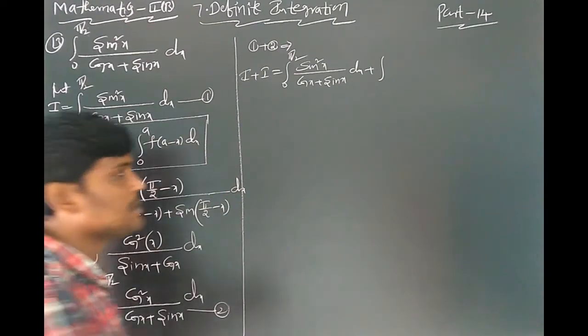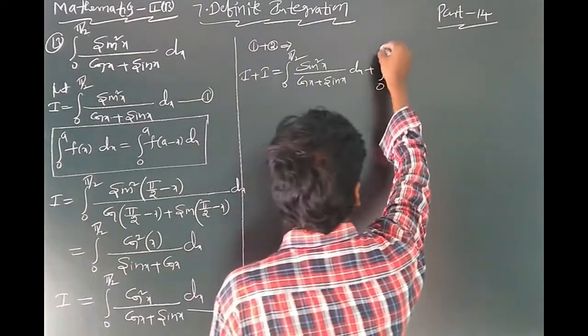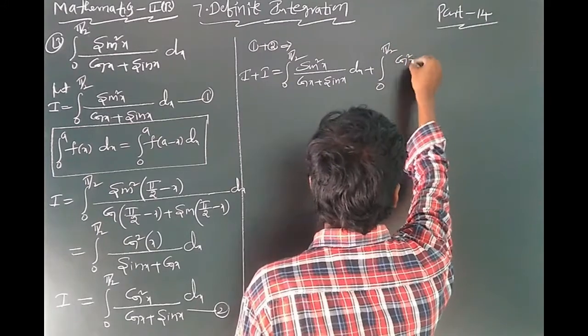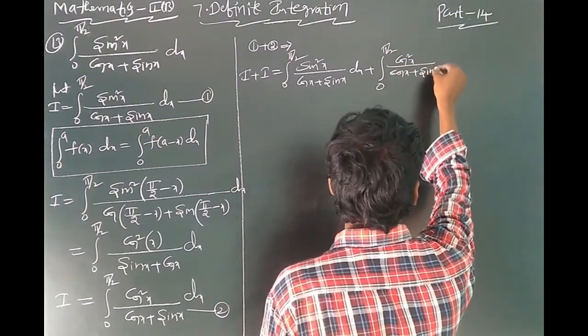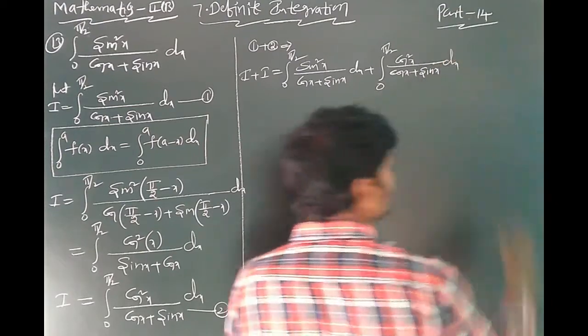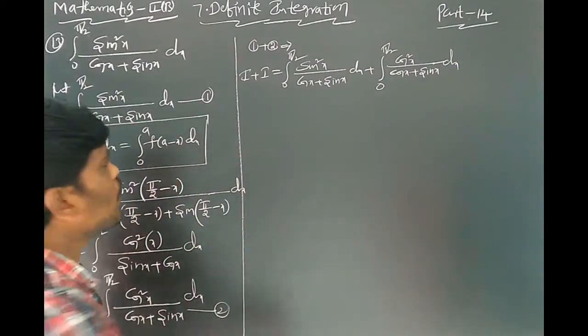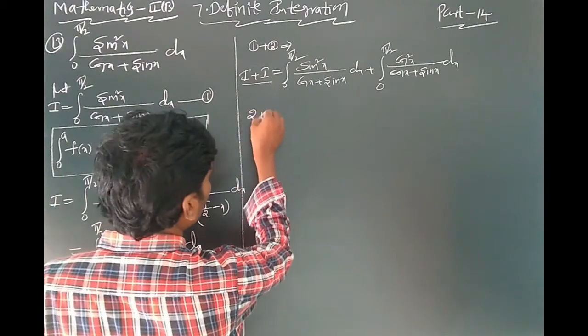Integral 0 to pi by 2 of cos square x by cos x plus sin x into dx. In this, you can write I plus I value as 2I.